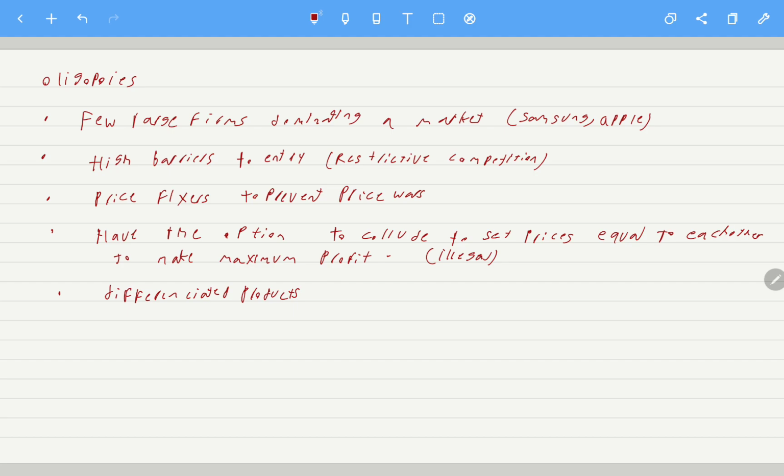They have the option to collude, and oligopolies use the concept of game theory, which basically means they have a certain strategy for making the maximum payoff, and they calculate this using a payoff matrix. The payoff matrix is used to identify which firm has the dominant strategy, and that firm is going to take this action no matter what in order to make the maximum payoff.